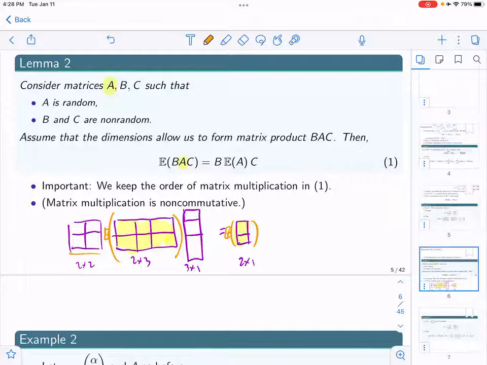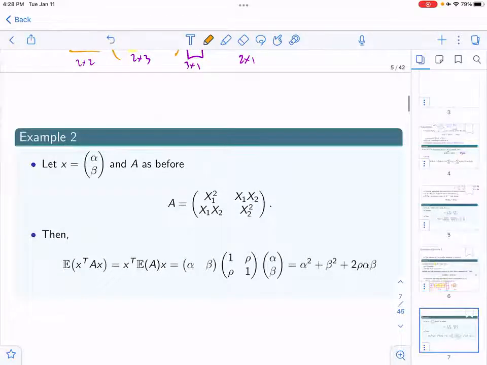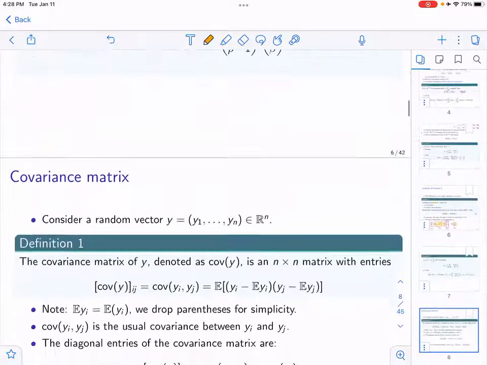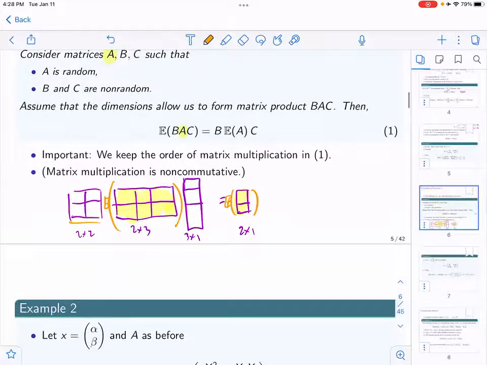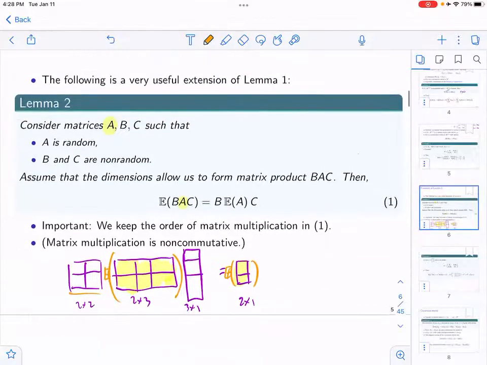Seems like it was resolved. We'll see an example. There's an example here. Again, it's not interesting. I work it out in one of the lecture videos, maybe 2020, but we'll see a more interesting example shortly. It's just a consequence of linearity of expectation.